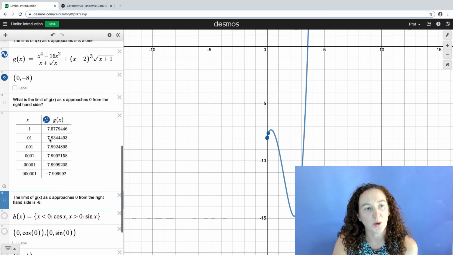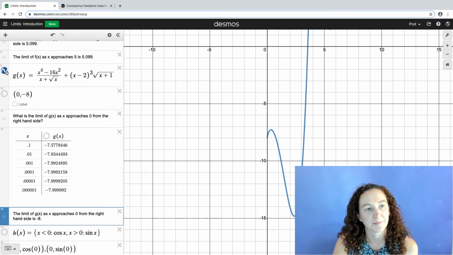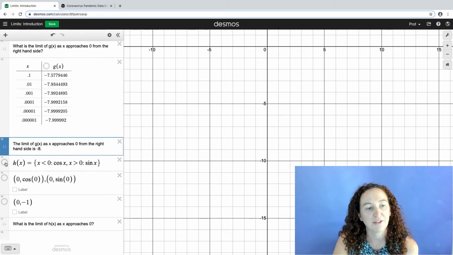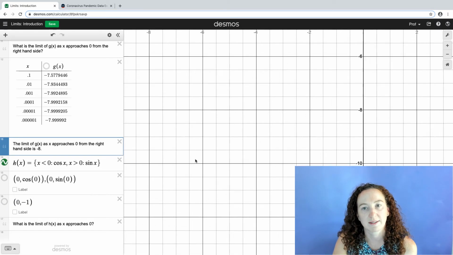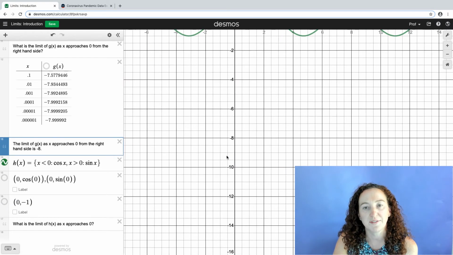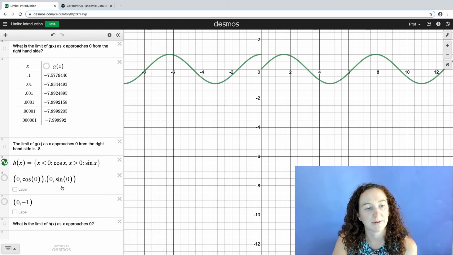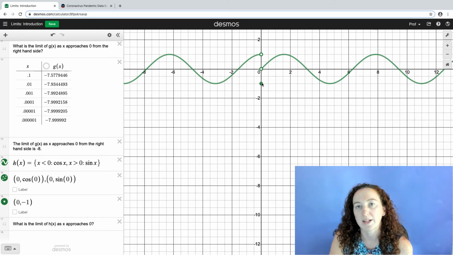So let's look at one final function. Let's look at the function h of x. So h of x is a piecewise function that looks like cosine of x when x is less than 0, sine of x when x is greater than 0, and -1 when x is equal to 0.